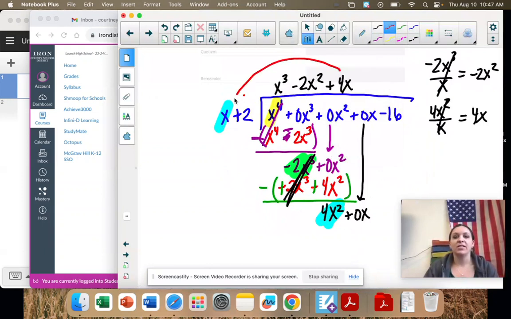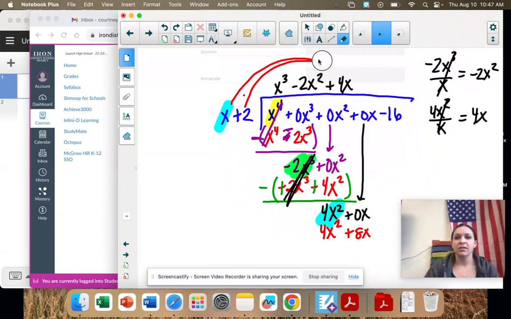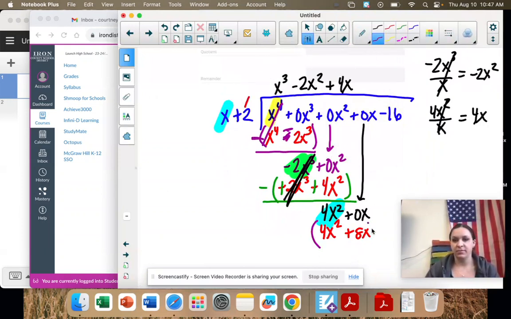So 4x times x is 4x squared. 4x times 2 is 8x. And then we're going to subtract. So that changes to a minus, and this also changes to a minus. So those go away. 0 minus 8 is negative 8x.